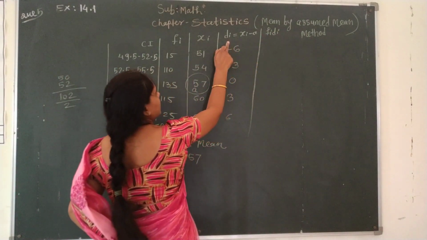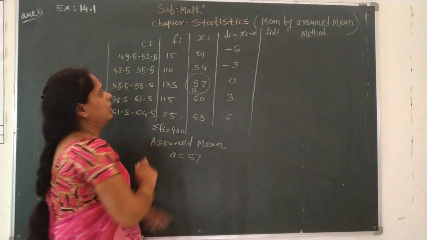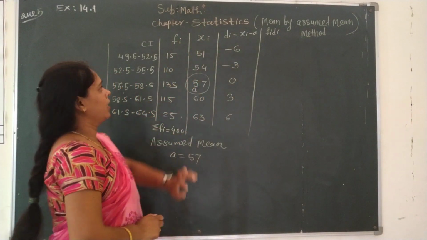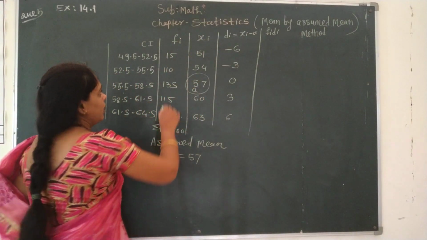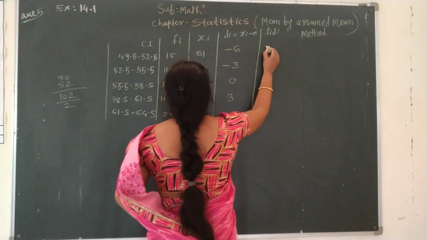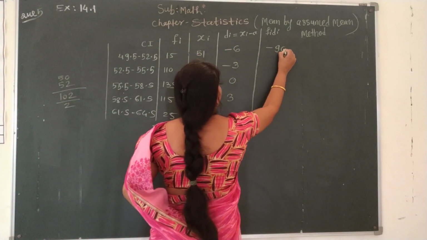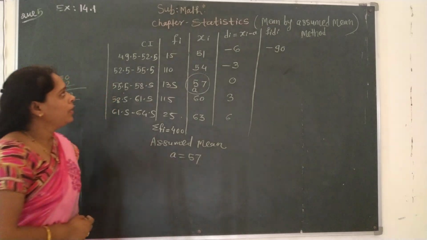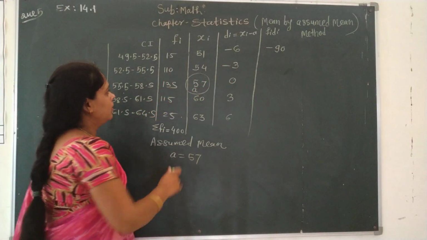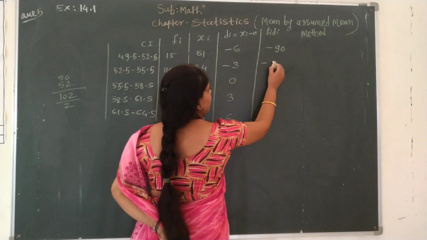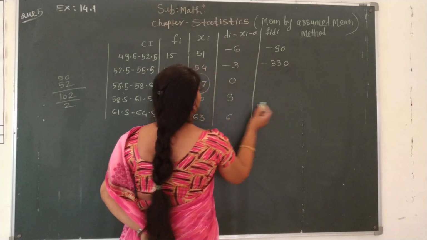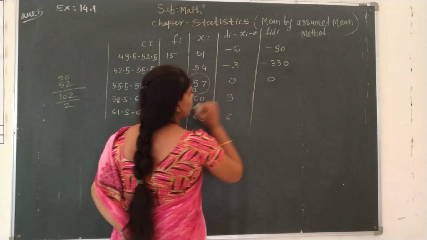This is the product of this di and this fi. This product we have to find out here. Now find out the product. 15 times minus 6, it is minus 90. Now find out this product. One value is negative, means obviously this product is negative. This product is 0.